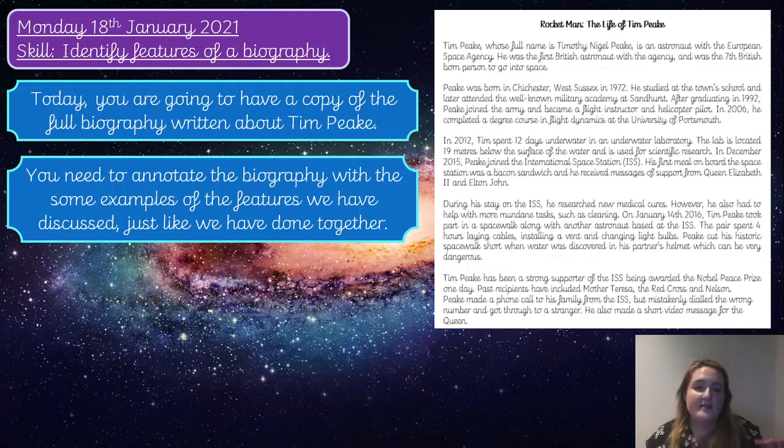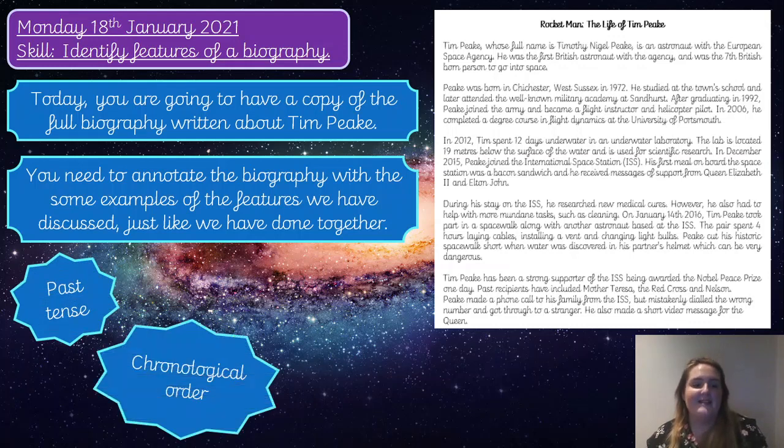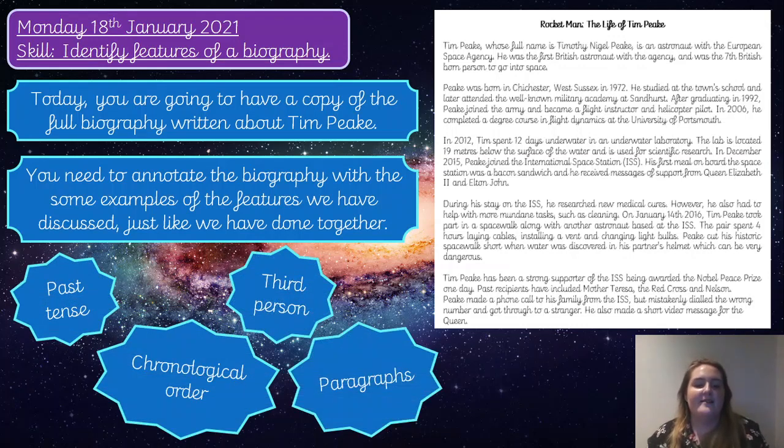So use those definitions that you did in your first task to really help you with this activity. So again, past tense, chronological order, third person, and paragraph. So I'd like you to pause the video and annotate this biography now, really thinking about those features and where you can see those features in this example. Pause the video, please.